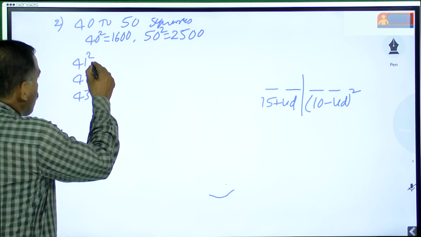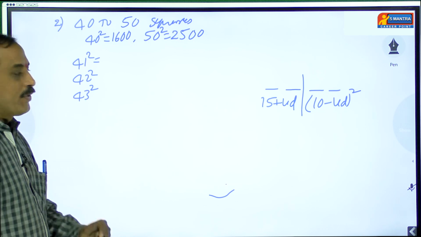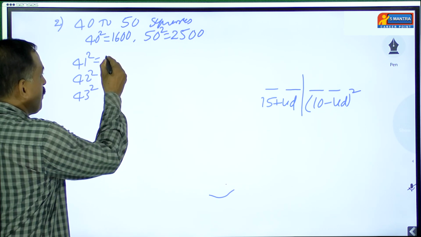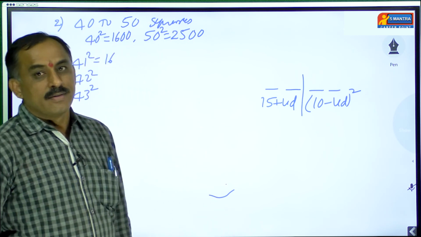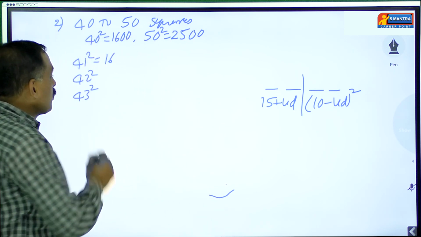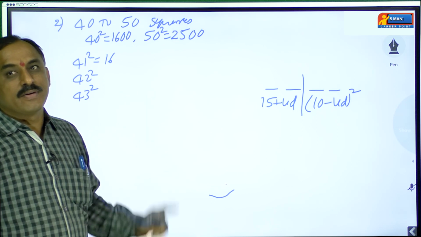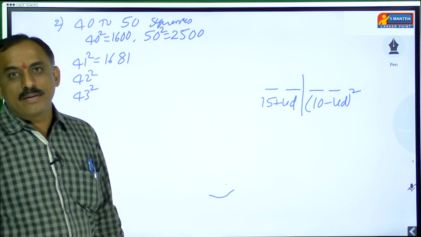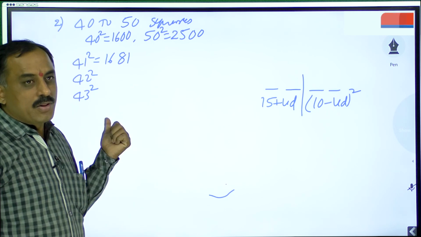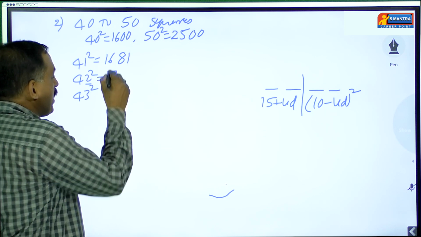Okay. So now write the squares. 41 square. 15 plus 1, 16. Then second part 10 minus 1 is 9. 9 square is 81. And what is 42 square? 15 plus 2 is 17.